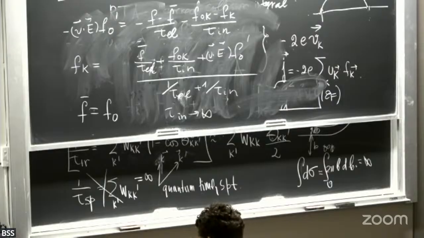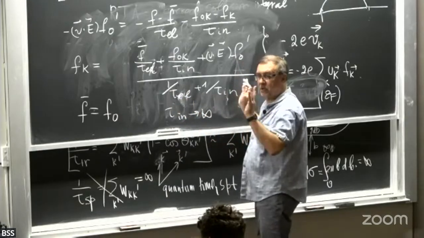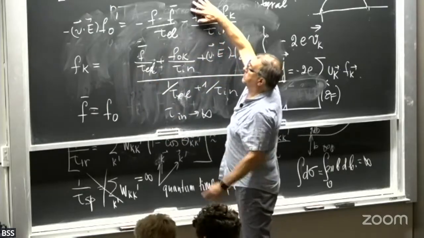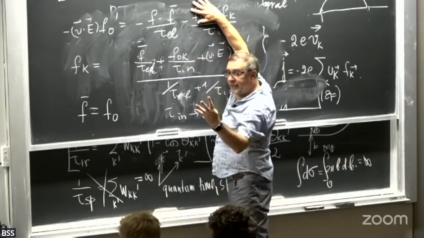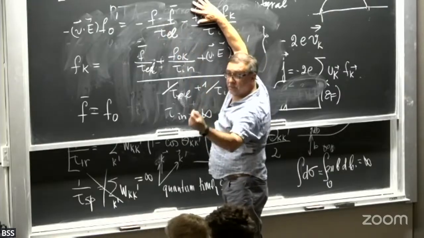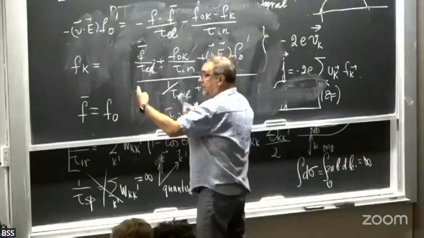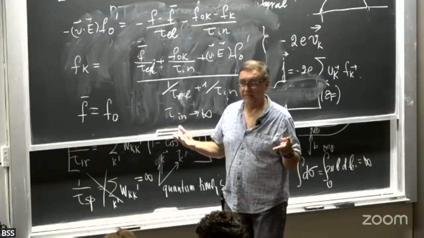If the inelastic time goes to infinity, then the inelastic collision is zero. So I can keep them on equal footing, or if I don't want to, let's say I want to solve this problem only. Well, if solving means that I give you the full distribution function, meaning that f bar is to be found, then I need to introduce this term, find f bar, find in this model that it's the same as f naught, and say that, okay, now I solved the problem, right?